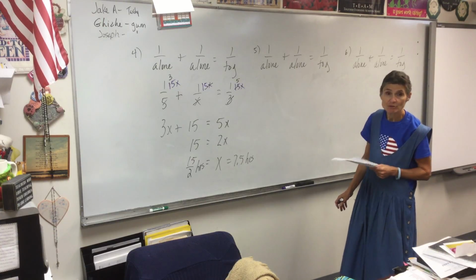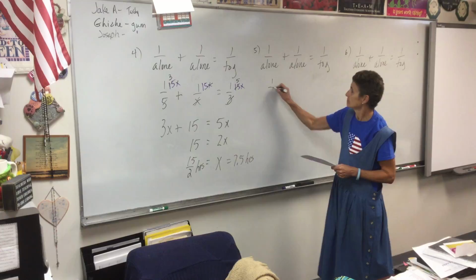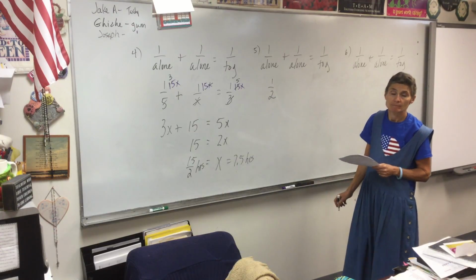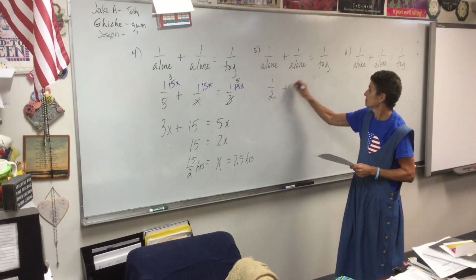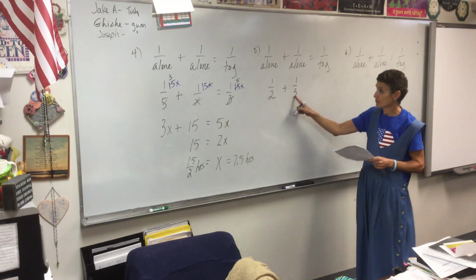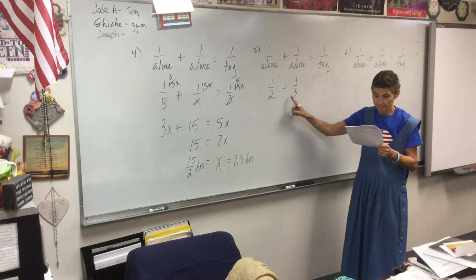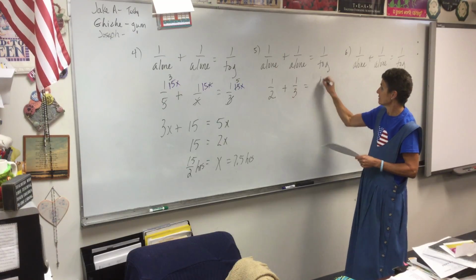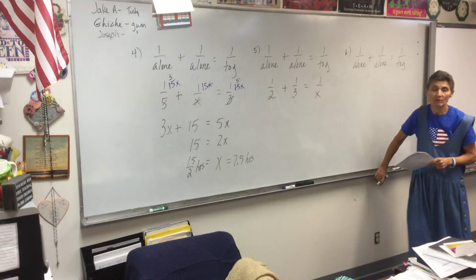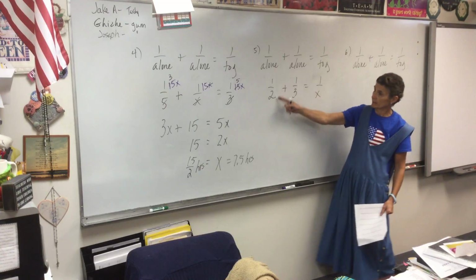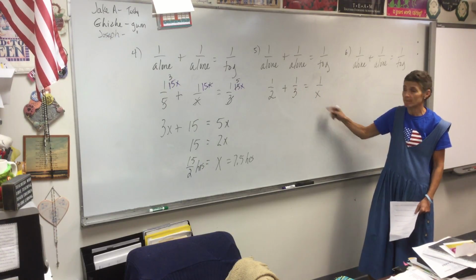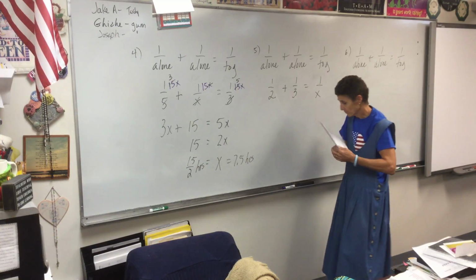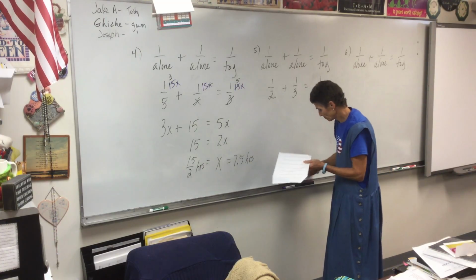Dylan can make a cake in 2 hours. DeAndre can bake it in 3 hours. That's DeAndre's time alone. That's Dylan's time alone. How long would it take them to bake a cake together? So 1 over Dylan alone plus 1 over DeAndre alone equals 1 over their time together. So here we go. What do we multiply by?